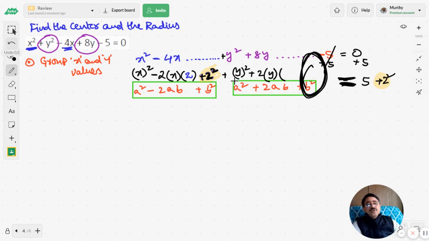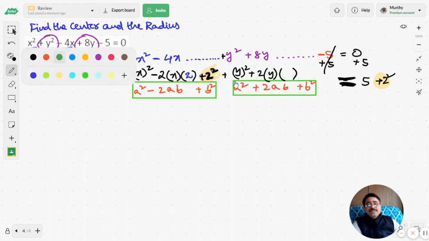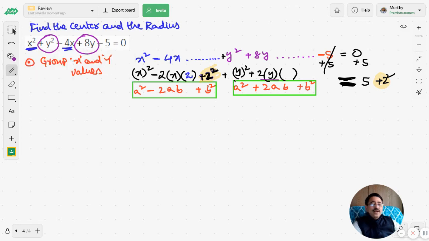I don't know. Therefore, now let's talk about this one. 2y times what value gives me 8? Usually that is half of the value, so half of 8 gives me 4.